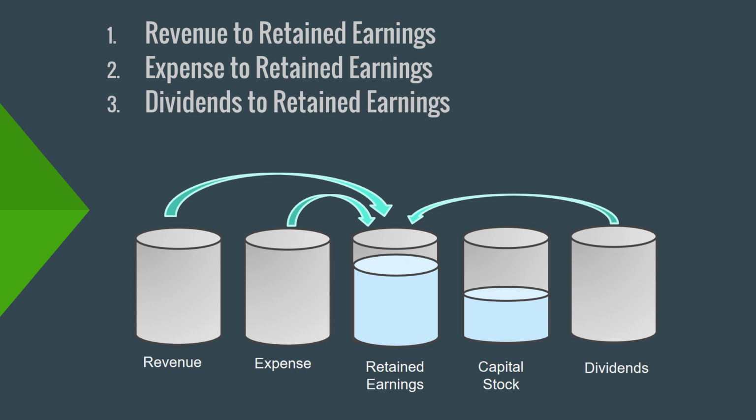But in this example with corporations, we use retained earnings instead because the capital stock account needs to keep its original balance, which shows the par value for all of the stock that's currently outstanding, and that number only changes if the company issues or buys back stock. So retained earnings is going to be the account we will use for our 3 entries when we're dealing with closing entries for a corporation.